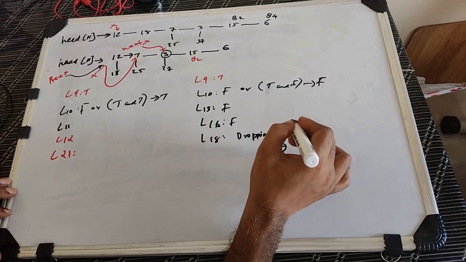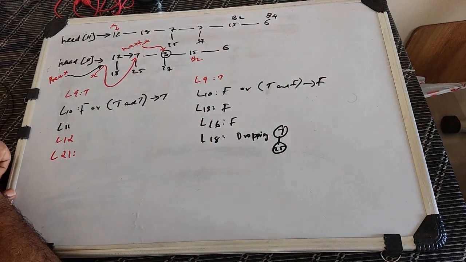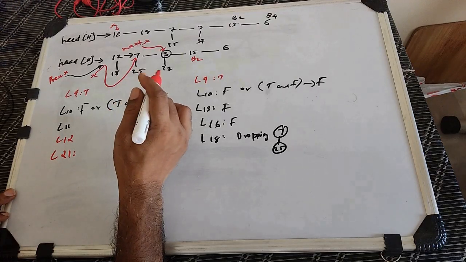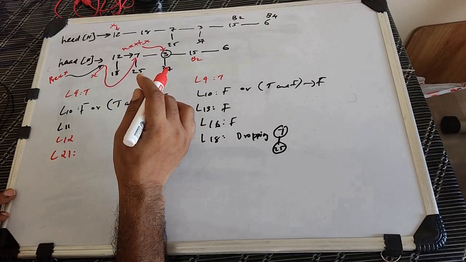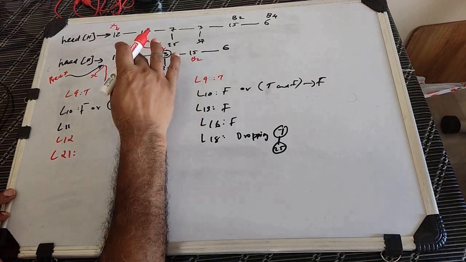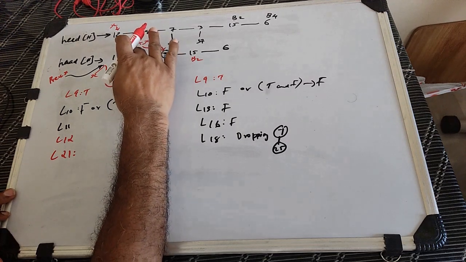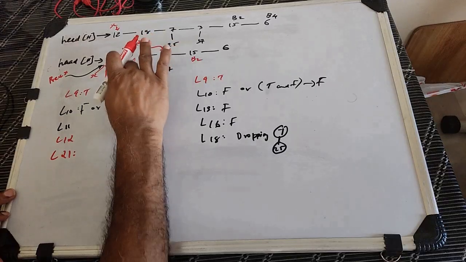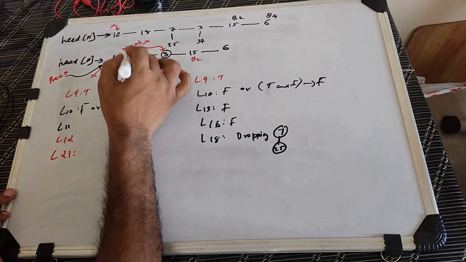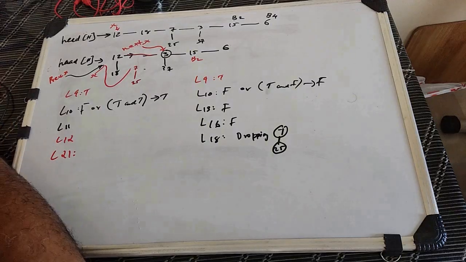So dropping 7, 25, sibling of previous x is equal to next x. So we will be dropping this 7, 25, then establishing this link.